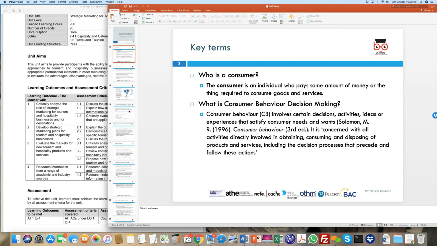Now, when we talk about consumers, we also want to talk about consumer behavior and decision making. So what is consumer behavior? Consumer behavior is a set of variables which the consumer will look at primarily and exhibit certain qualities or traits, which we will class as behavior.